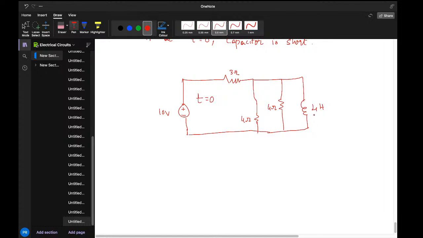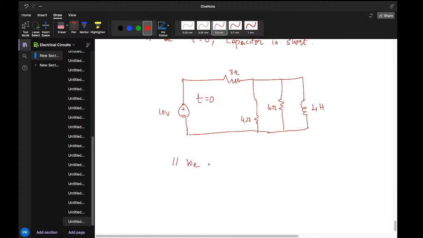So the voltage across the inductor V of L is going to be nothing but the input voltage. Here we don't know the value of current, so we are going to use the voltage divider rule to find voltage.